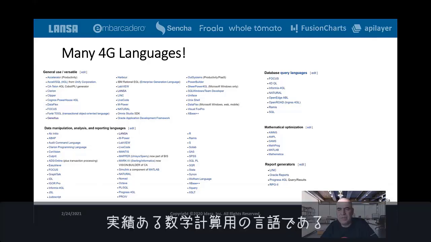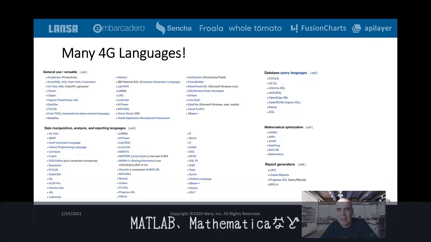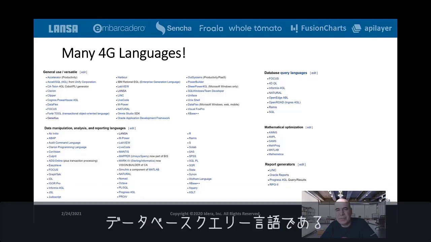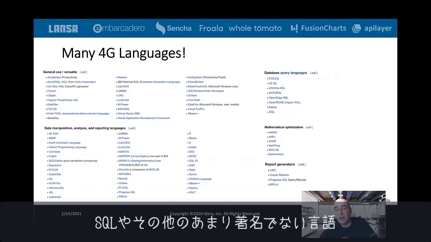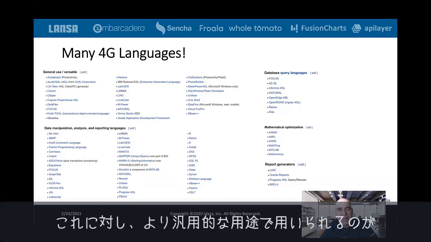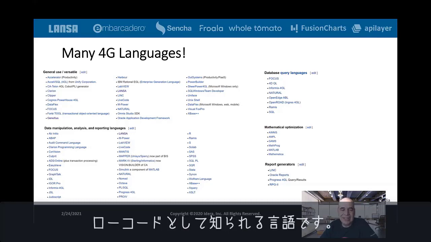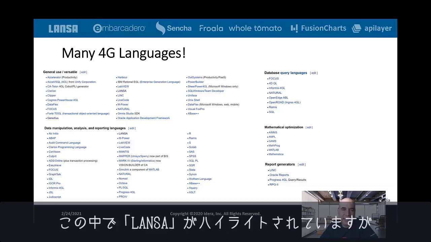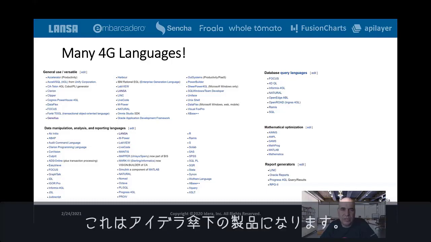Over time, there obviously have been very successful mathematical languages such as MATLAB and Mathematica, some very specific database querying languages such as SQL and less known ones such as Information Builders Focus. And there are those that are more general use, which you'll see in the general use more of the languages that are today known as low code. You'll note Lanza is highlighted there. That's one of the companies that we own, but there are a number of other ones there.